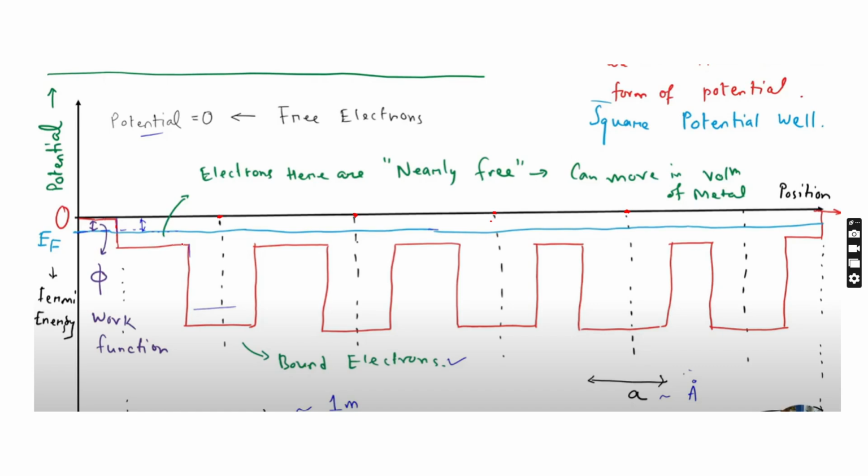So here we get the atomic well. The potential produced by the atomic well acts like a bound electron here. So we can get a square well potential in this case.